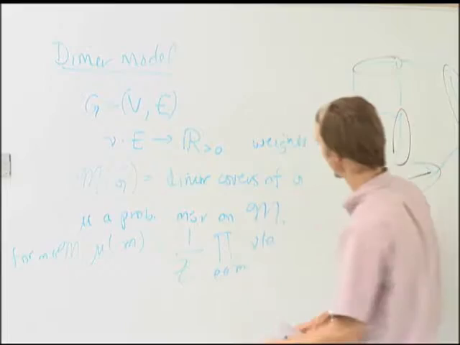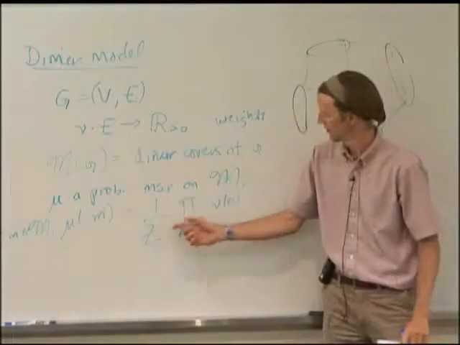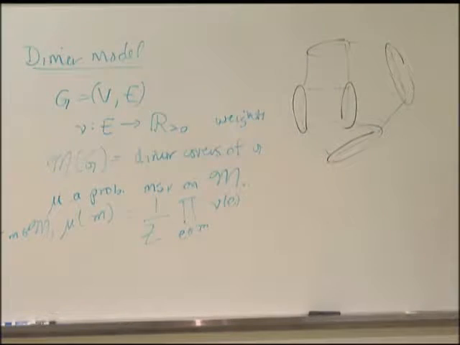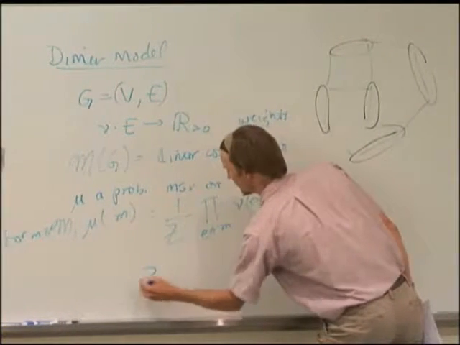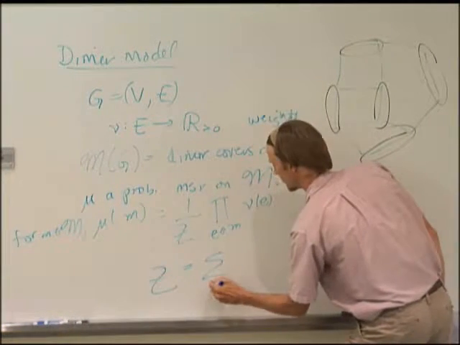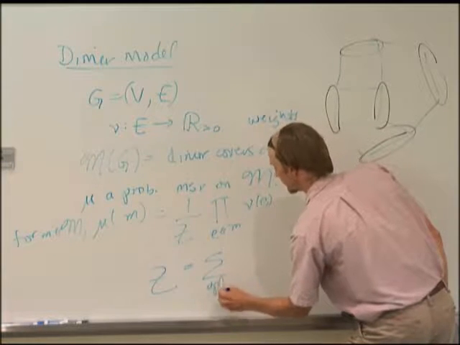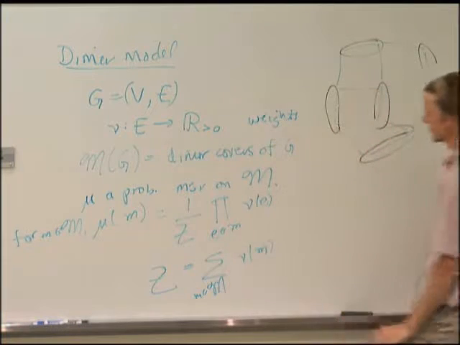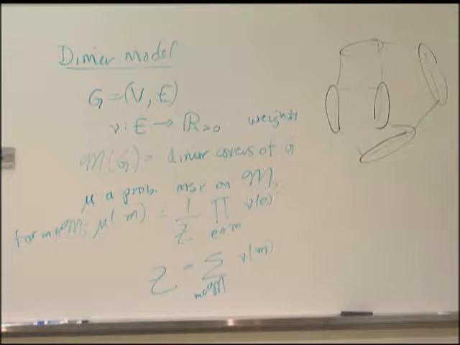The weight of a matching is just the product of the edge weights, and the probability is proportional to that. The constant of proportionality is a partition function Z, which is just the sum over capital M of the weight of M. So that's the dimer model.